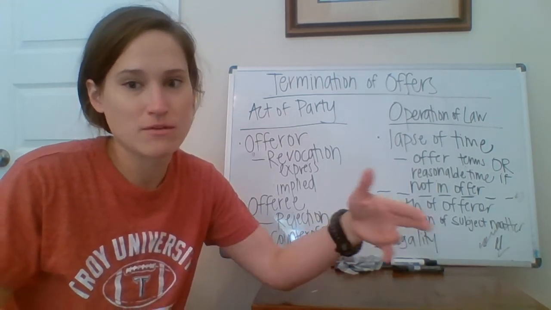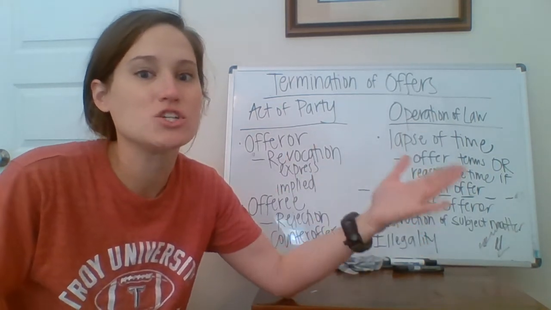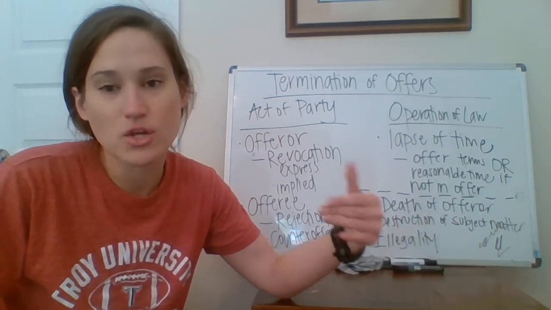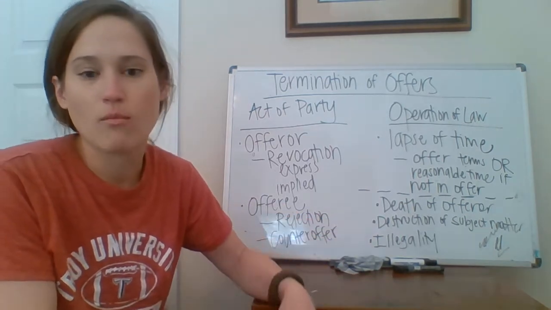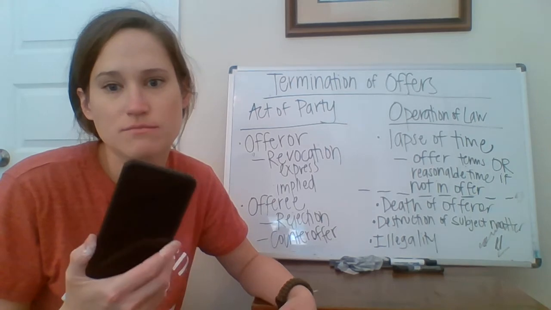Because she had a commitment for me to sell my phone for 50 bucks. She now had to spend an additional $50 to get the phone from somewhere else. So I'd be looking at least $50 in damages, depending on what the general market price is of a phone like this in this condition.